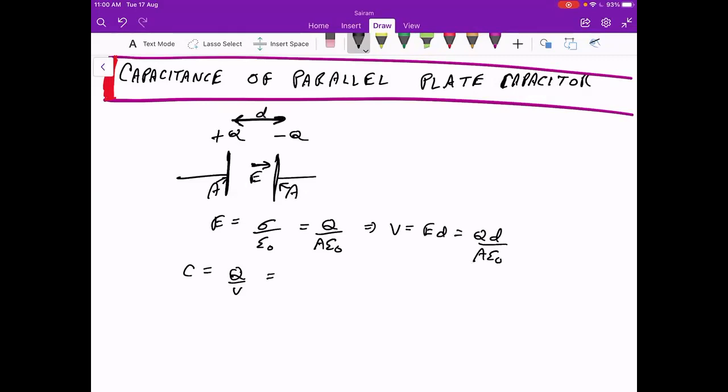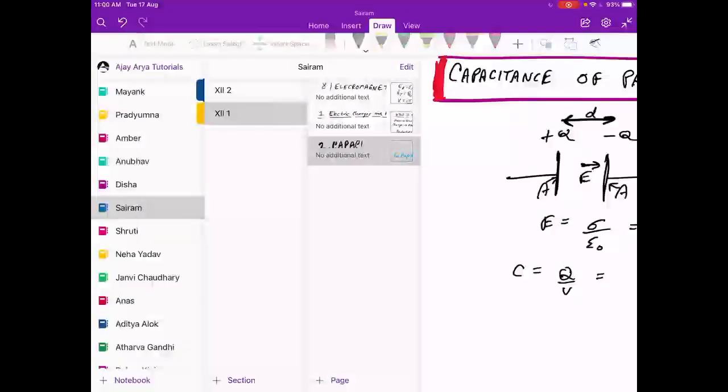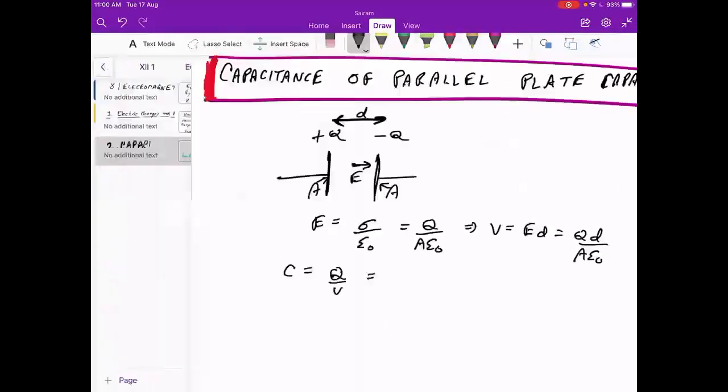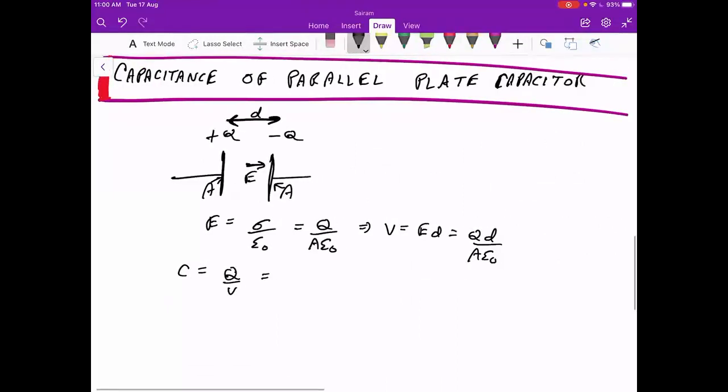This is the relation between electric field and potential that we have studied earlier. You remember? What is the relation between field and potential? If it is a uniform electric field, then distance into field is equal to potential difference.